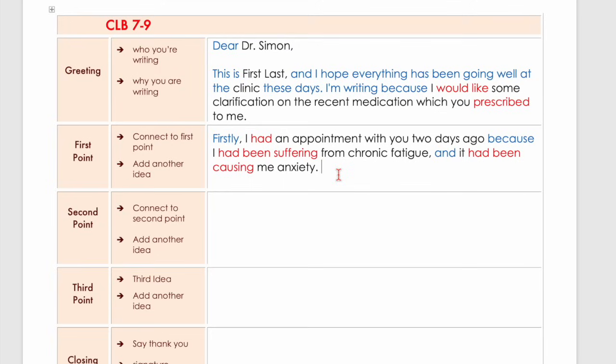So first we're talking about past tense here. So first we're using just had here. Now here we're using past perfect continuous. The reason for that is because before the appointment, we're talking about a period in the past until the past.